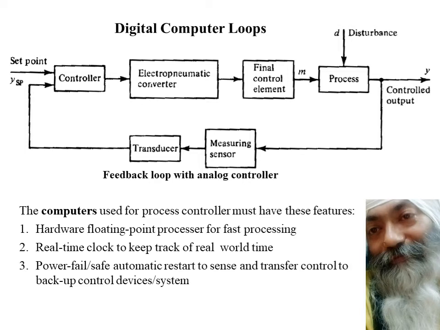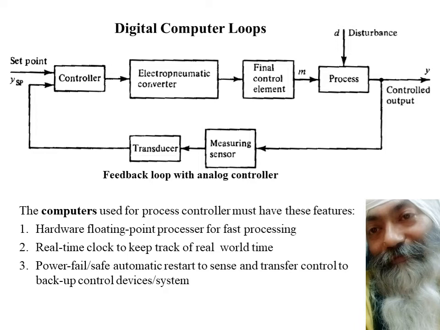What if the power fails? What if the computer system develops some kind of error and it shuts down? So before it shuts down, it has to transfer the control to some sort of backup control. That backup control can be in the form of a device, that can be in the type of a system, or that can be another computer.